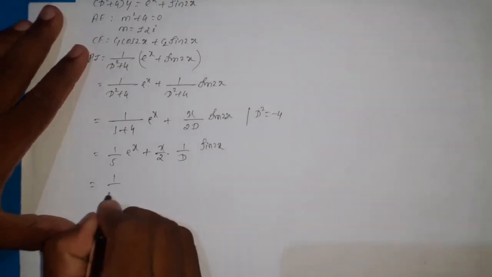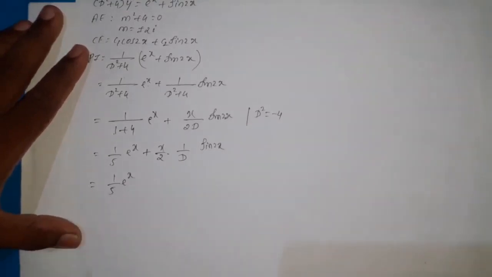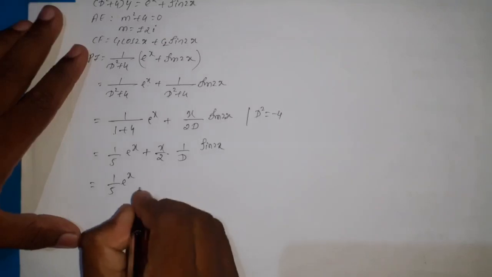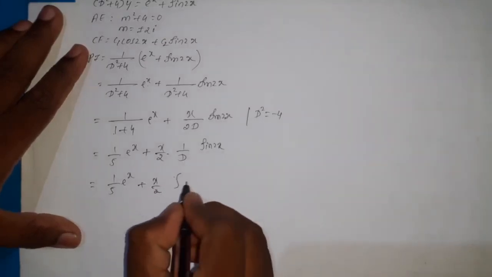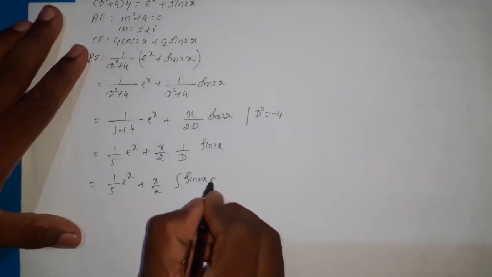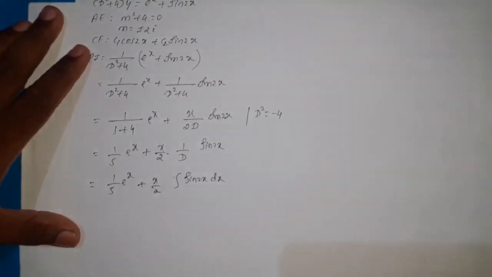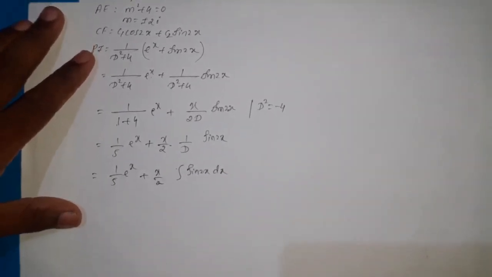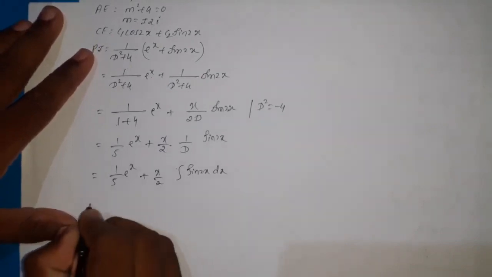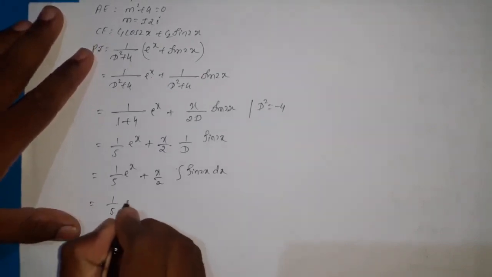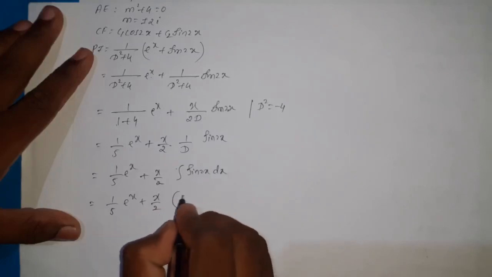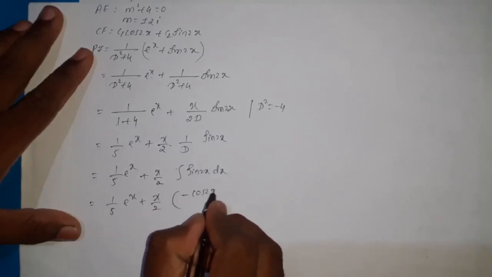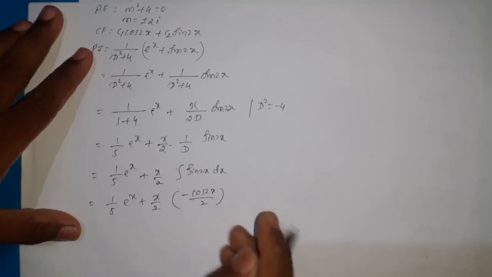Then it is equal to 1 by 5 e power x plus x by 2. So 1 by d means the integration of the function with respect to x, since it is the inverse operator. So 1 by 5 e power x plus x by 2, here this is minus cos 2x divided by 2.